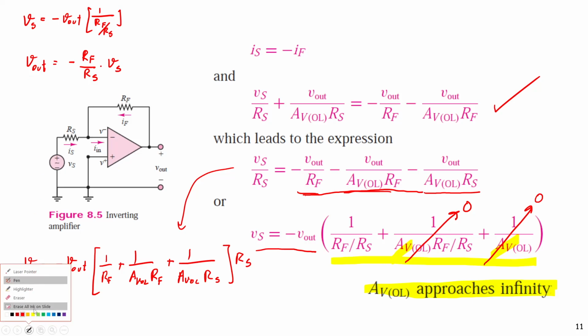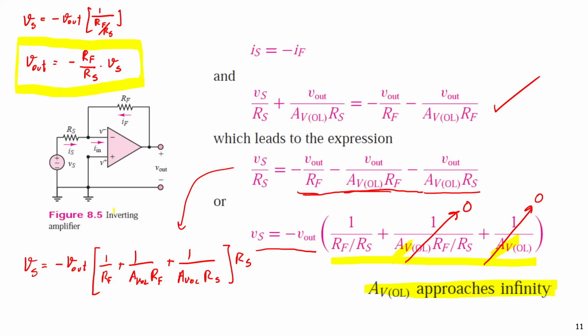So this is the basic inverting amplifier. With the proper selection of Rf and Rs, we can get Vout corresponding to Vs, but it's inverse, right?